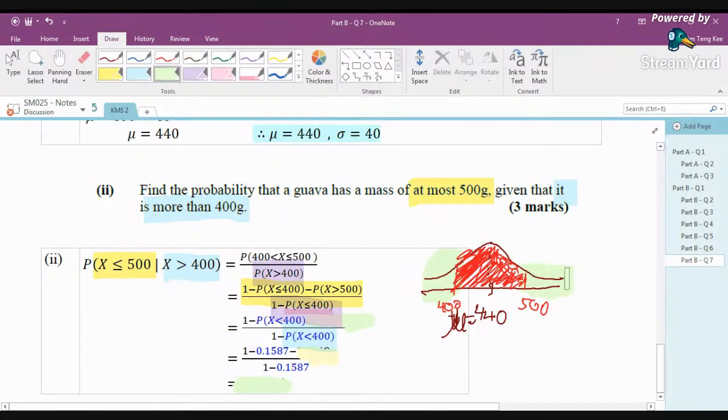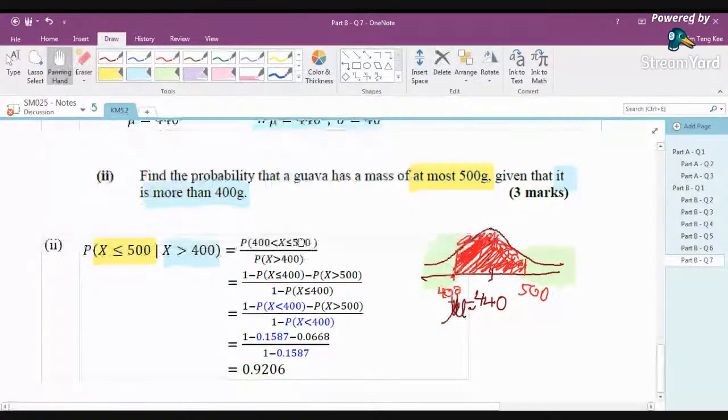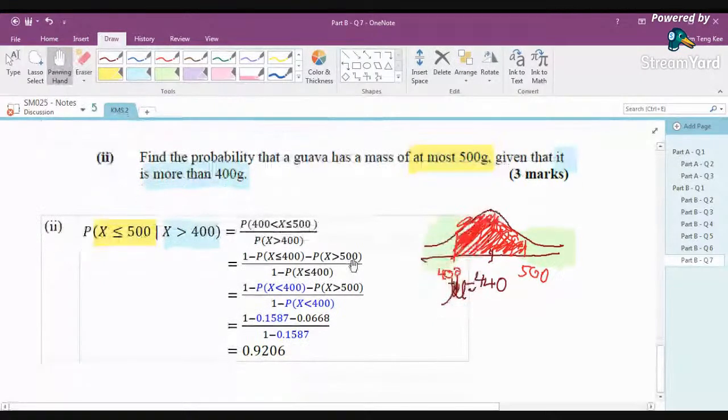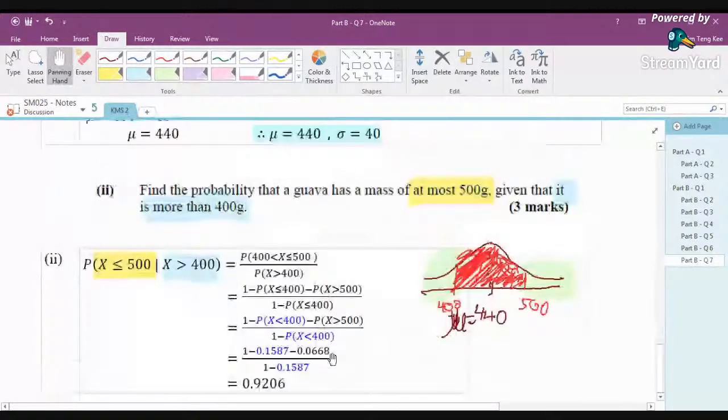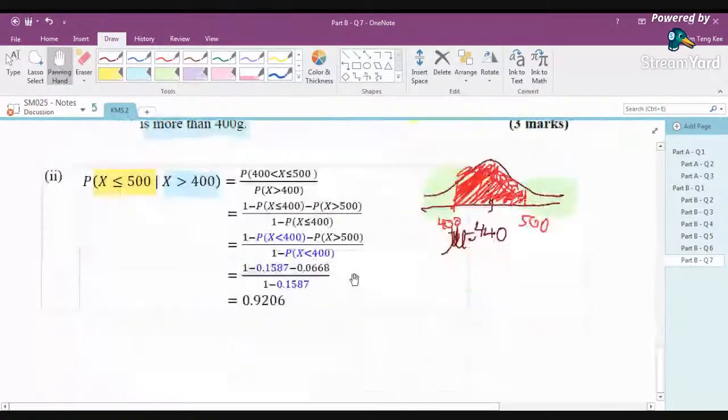The other one will be X greater than 500. With that, this is how I achieve my answer as follows. And why am I so eager for X greater than 500? Because again, of the information available earlier, so I substitute without doing any standardization or statistical table reference anymore. I can get the answer as follows.